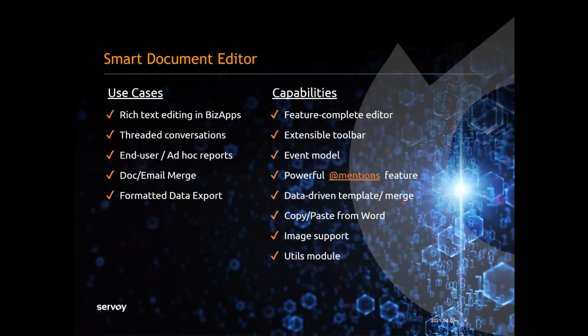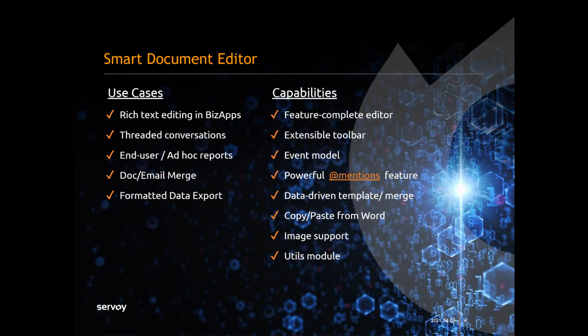What I showed you with the Smart Doc editor, don't worry if you didn't get all of that, how it works, or what you can do. The overall use cases are really any rich text editing in a business application, anywhere you want a user to be able to type something with more than unformatted text, it will work. It's data bound.